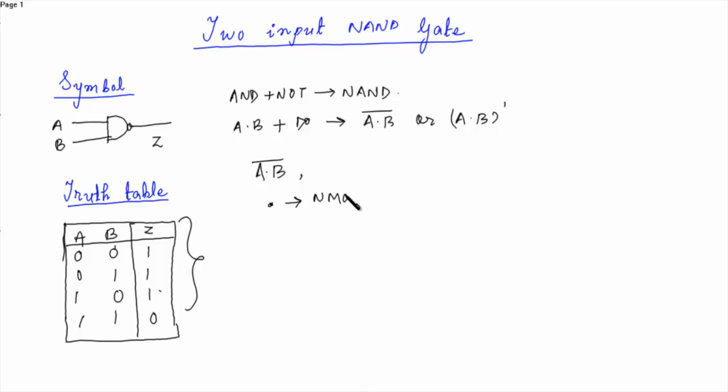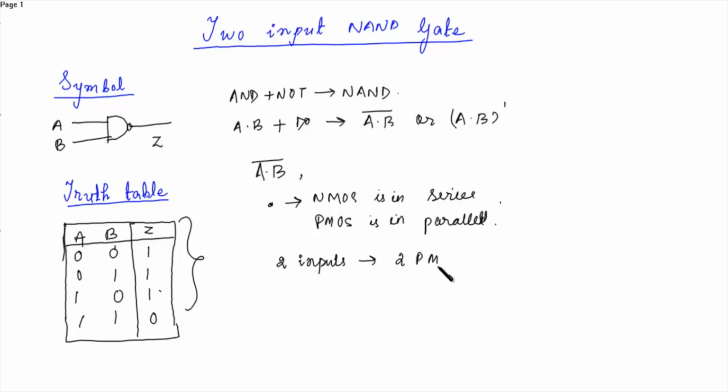So the NMOS is in series and the PMOS is in parallel. Okay. Now, there are two inputs. Since there are two inputs, we need two PMOS and two NMOS.